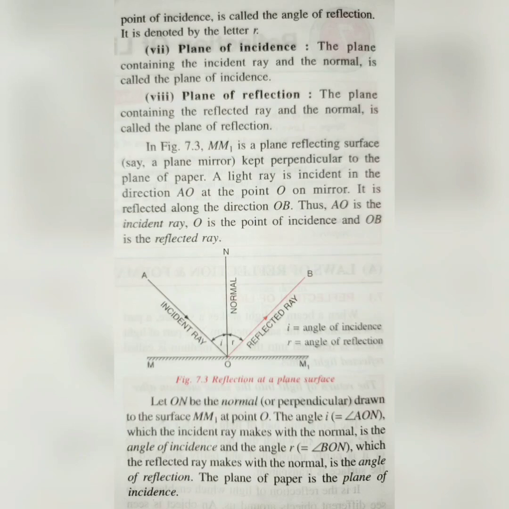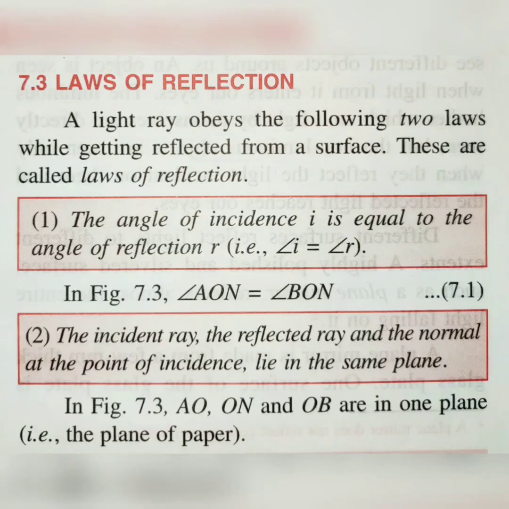This also we studied in 8th standard and 7th standard. And we study the laws of reflection. Under the laws of reflection, we have two laws. The first law states that the angle of incidence i is equal to the angle of reflection r. The second law states that the incident ray, the reflected ray and the normal at the point of incidence lie in the same plane.